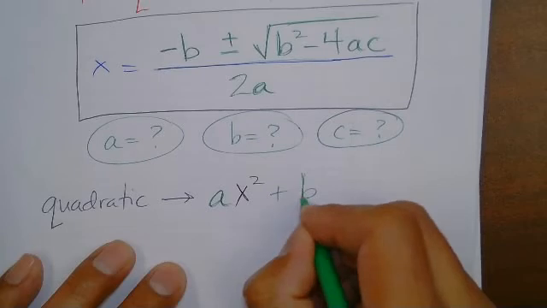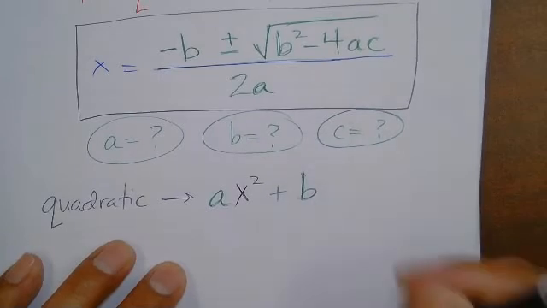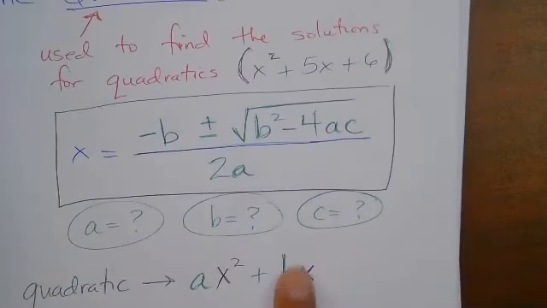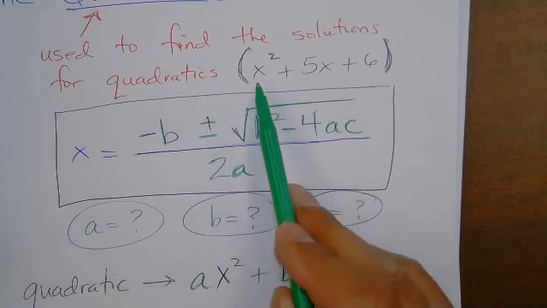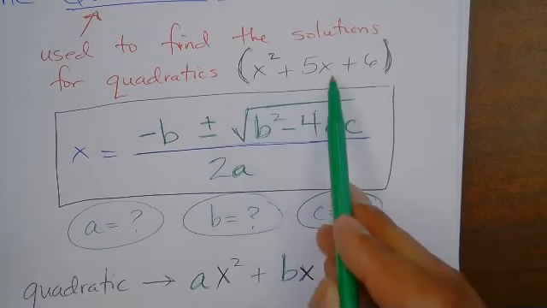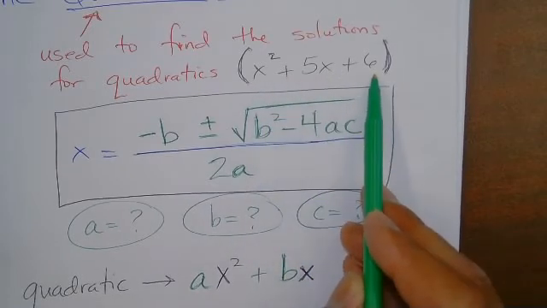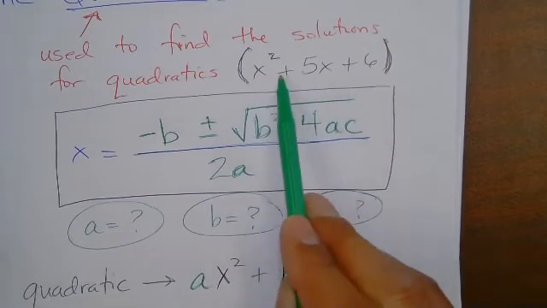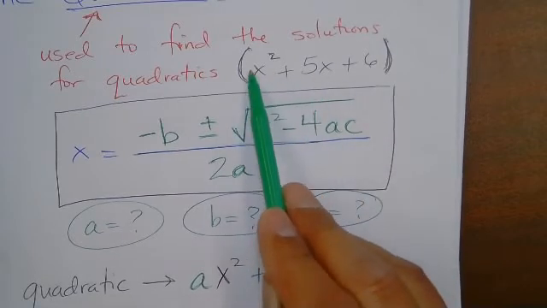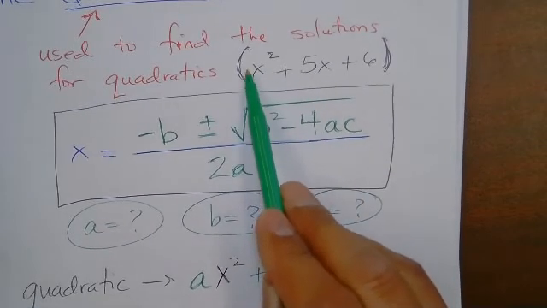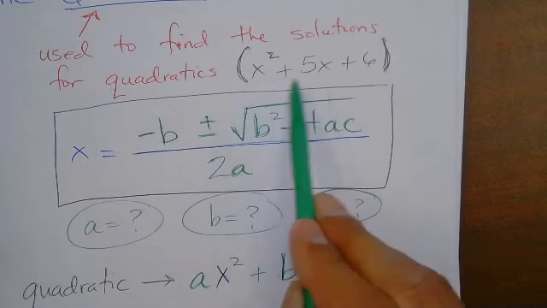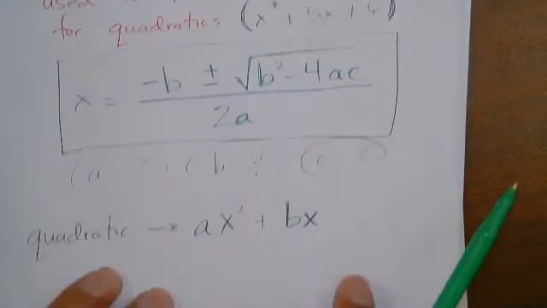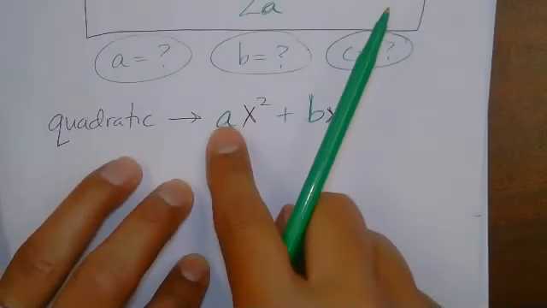Ax squared plus bx plus c, just like up here. You see there's an x squared, then an x, then a number, right? You see this one up here, x squared plus 5x plus 6? There's a number in front of the x squared. If it doesn't have a number, it's a 1. Then there's a number, so that's A. This would be B, and this would be C. That's the format.